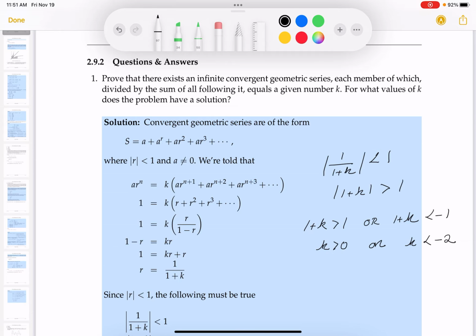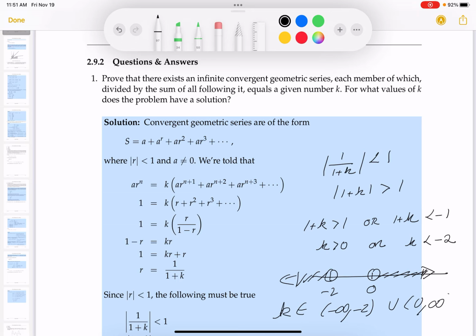I'm going to put a number line down to visualize this. I got two numbers, 0 and minus 2, and K could be greater than 0 over here. And the other thing K could be is less than minus 2 over here. So K has got to be on the interval from minus infinity to minus 2, union 0 to infinity.